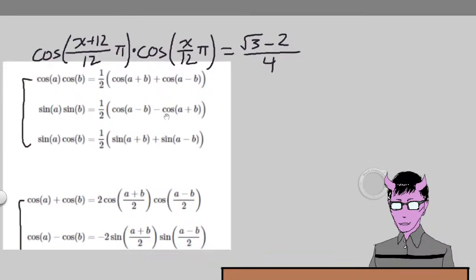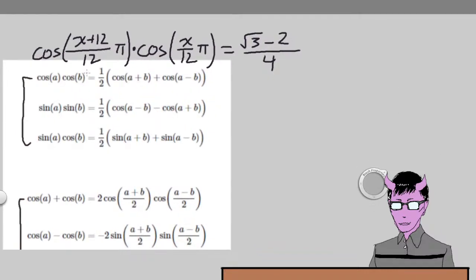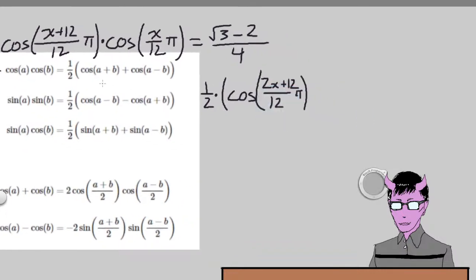It matches the form already, so we're just going to jump straight to the algorithm. 1/2 from the algorithm, put the parentheticals, and then cosine of a plus b. Thankfully, this one already matches the denominator of that one, so it's (2x + 12)/12. Don't forget the π on the side.